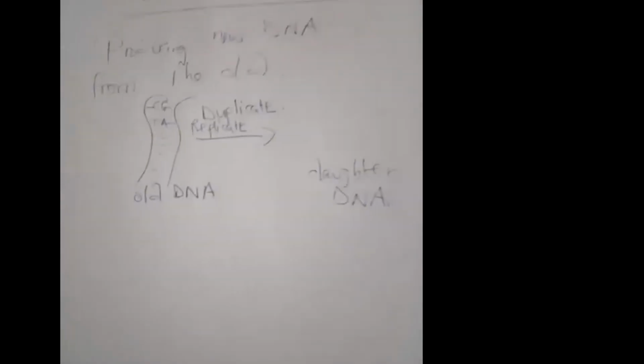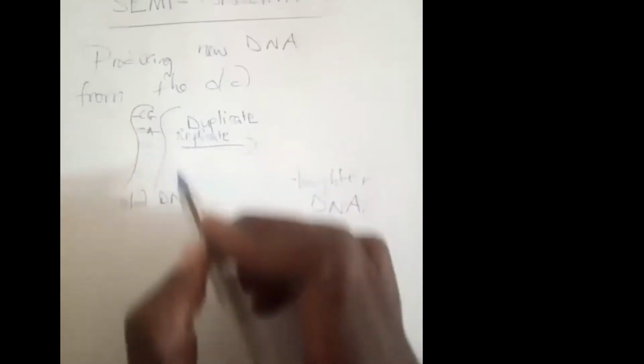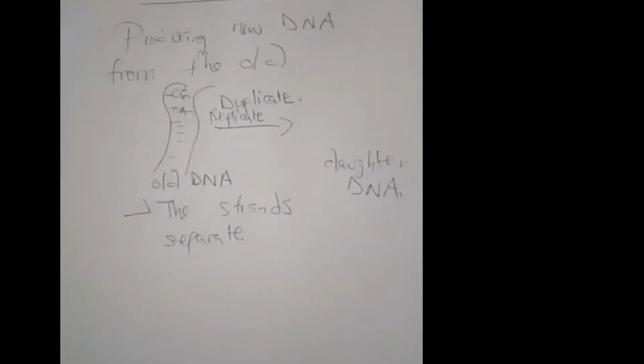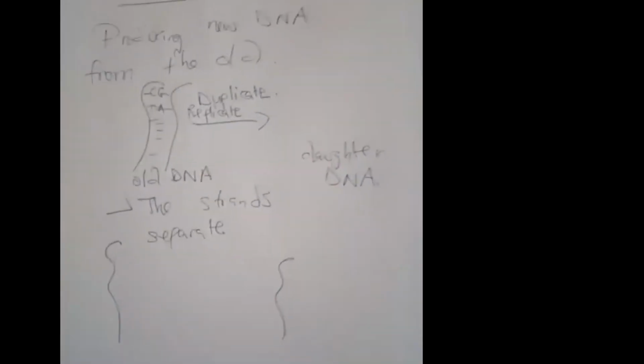When DNA is replicating, the strands separate. When the strands separate, you're going to have two separate strands like that, okay?